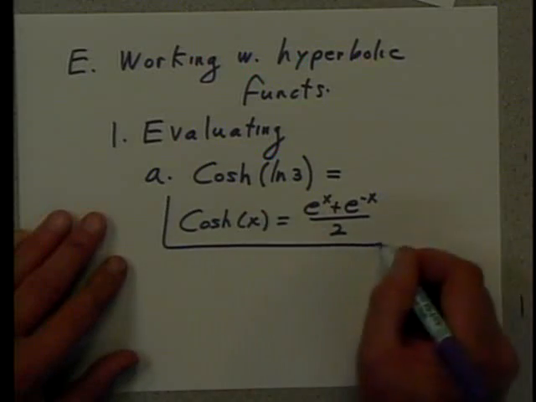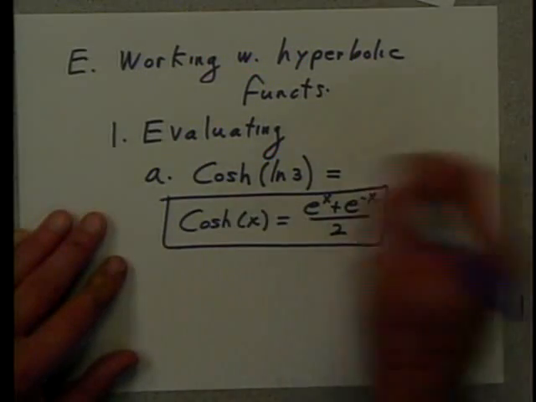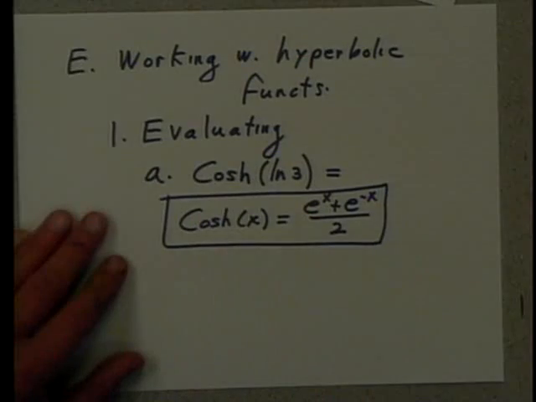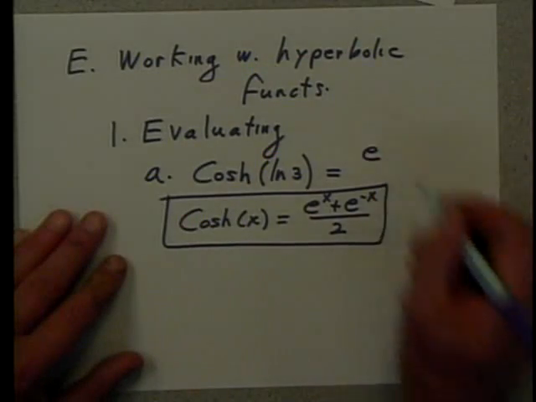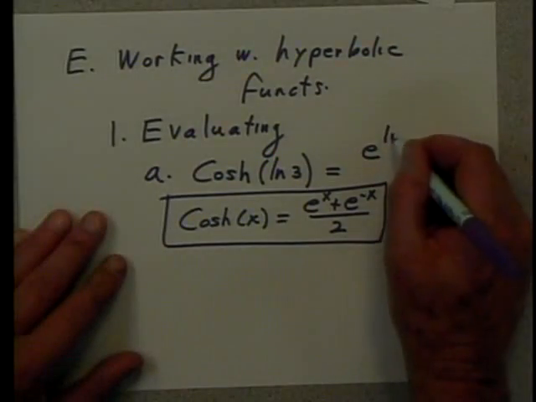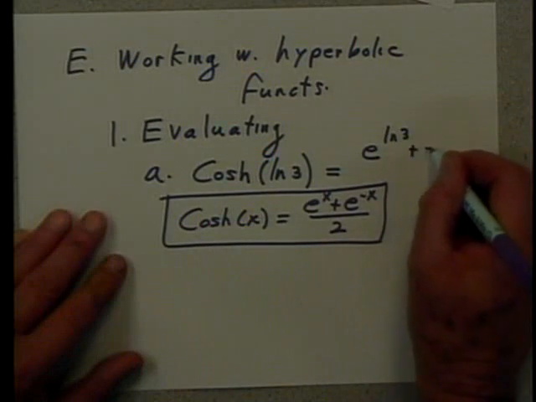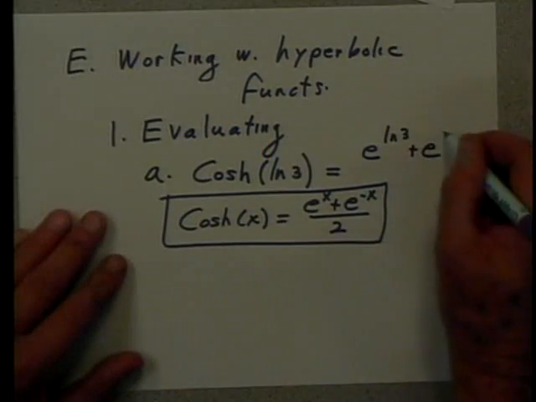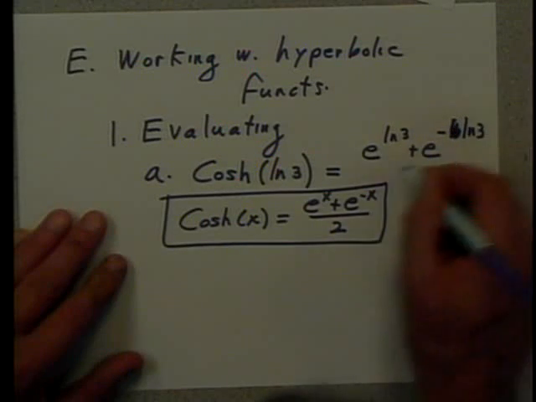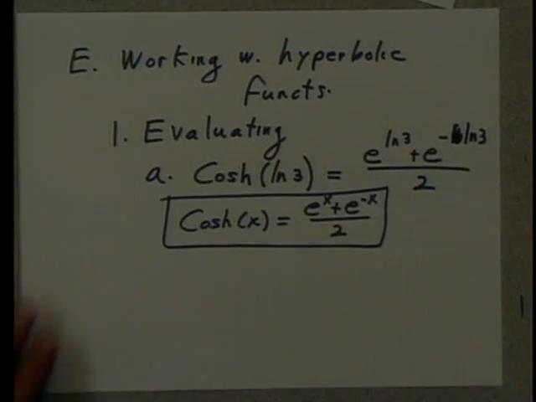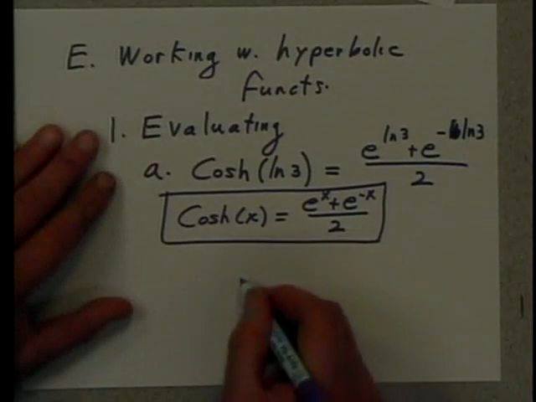Okay, got to remember this. If I fill that in for cosh of natural log of 3, I will get e to the natural log of 3 plus e to the negative natural log of 3, and divide by 2, right?